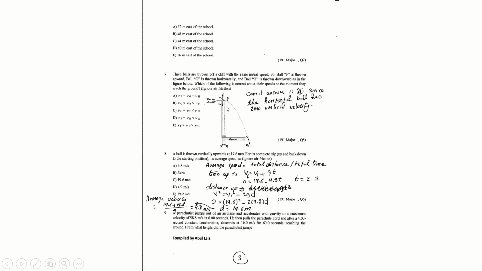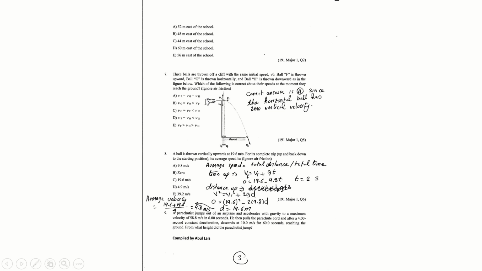So let's first think about the first ball, which is thrown up, and the second ball, which is thrown down. If you think about it, the ball that is thrown up will move all the way to the highest point, then the velocity reaches 0, then it moves back down, and it will have the same initial velocity that it was thrown with.